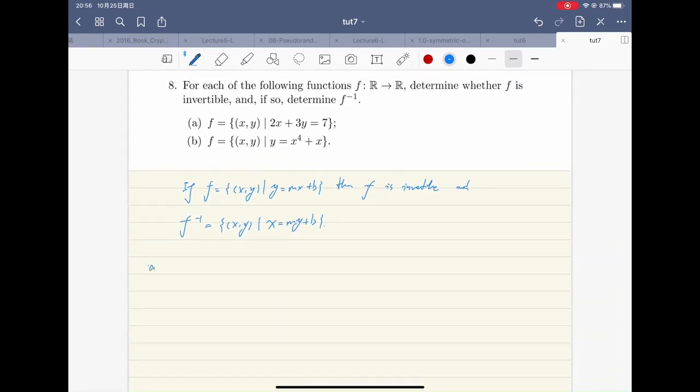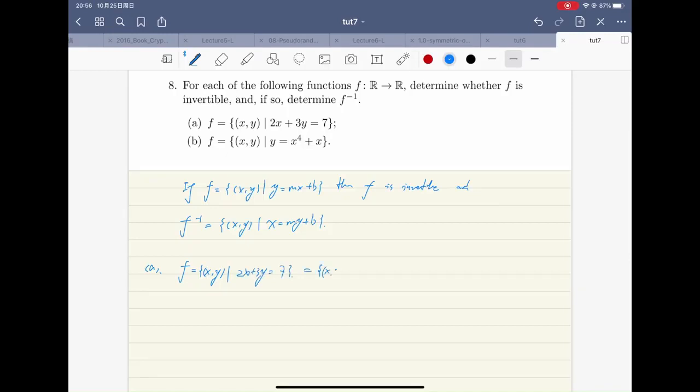So let's have a look at the first function. Since we have checked the first function is one-to-one, we want to find the inverse of the function. We have f equals (x, y) such that x plus 3y equals 7.